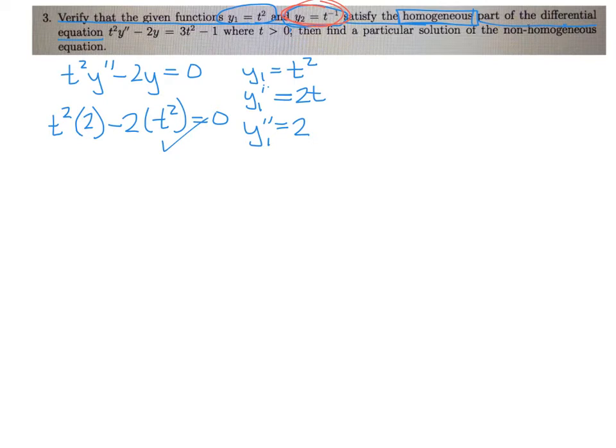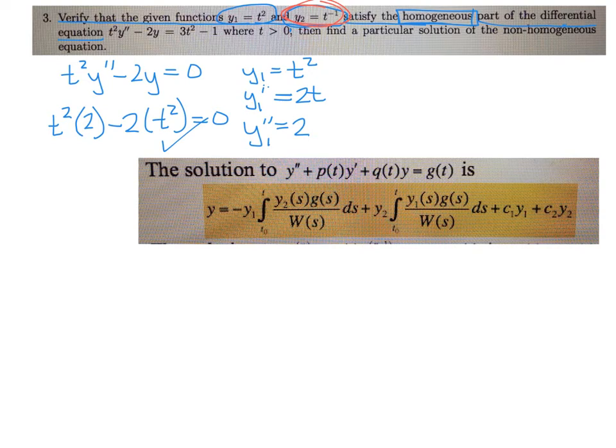All right, so now on to finding the particular solution to this. I'm going to pop up our equation for variation of parameters here. Okay, so you can see that in this, the solution to y double prime, there's no t squared out in front of this one. So in order to even start to use this equation, we've got to divide everything by t squared.